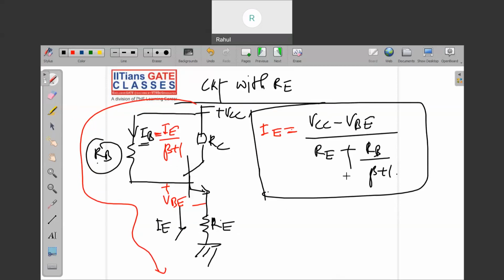So what condition do we need to consider so that IE is independent of beta? What is the choice here?